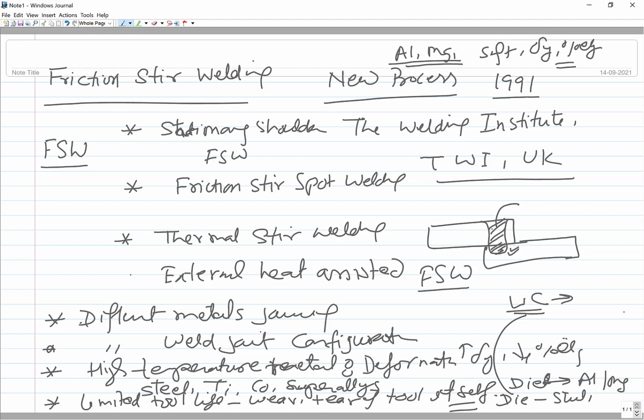So that is why PCBN and such kinds of tools are used, which are very costly, and you need very special precautions for making those tools, which can sustain not just the high temperature but also the wear conditions imposed during friction stir welding. So all these are the different variants of friction stir welding, and these are the factors which are driving the research in this domain.